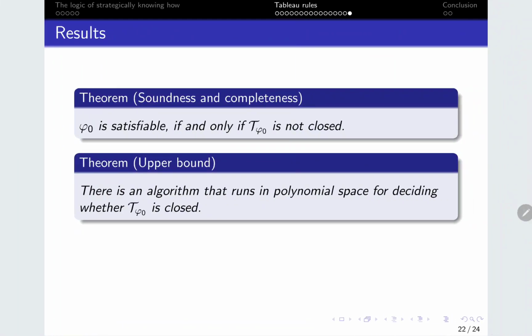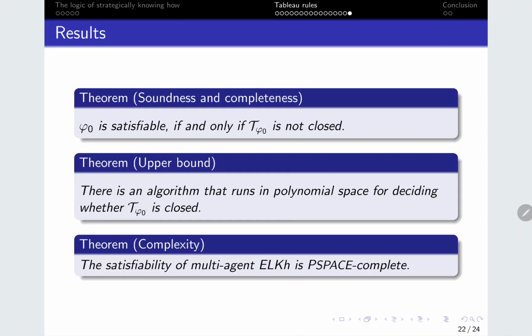And we also show that there is a polynomial space algorithm for deciding whether the Tableau for a formula is closed. This means the upper bound for the SAT problem of this logic is in PSPACE.